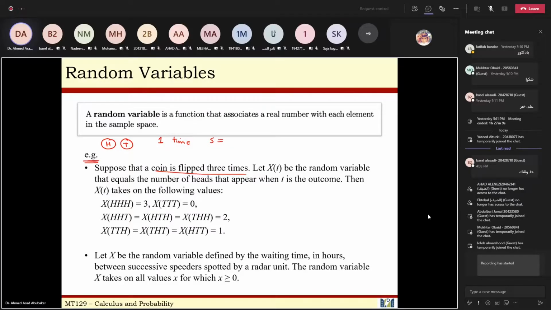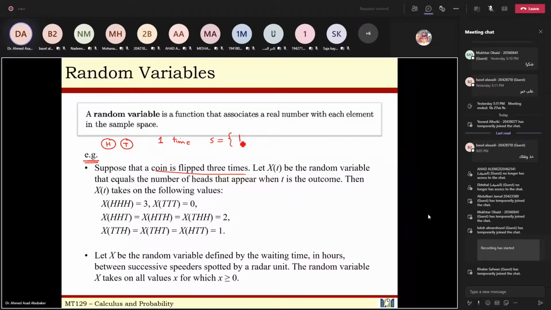So if you flip one coin, you have the outcome H or T, the face on the top appears H or T. But if you flip the coin 2 times, the sample space may be the first H and the second H, or the first H and the second T, or the first T and the second H, or T and T. Okay, this is the outcome.